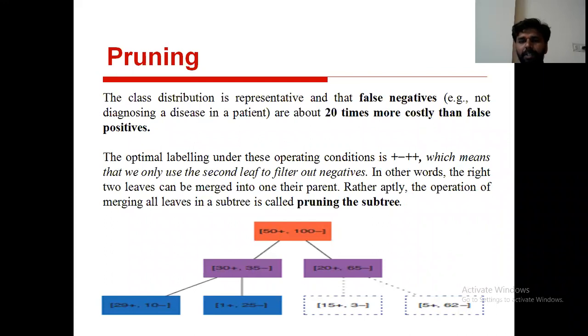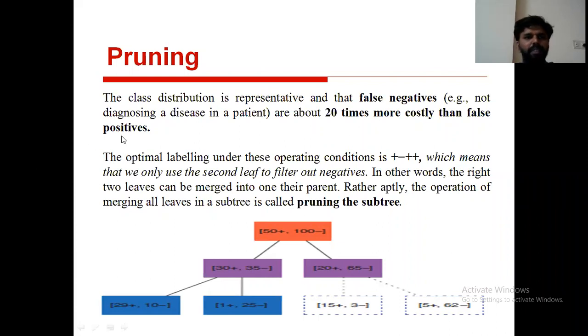Sometimes, if you construct segments, those segments may not be useful, may not be relevant, may not generate correct results. In such cases, we need to remove the unnecessary segments or unnecessary leaves from the tree, right?